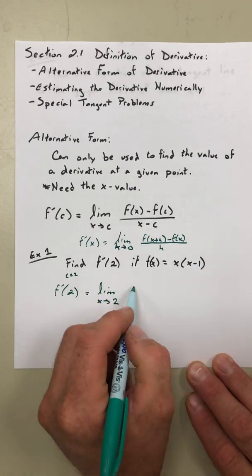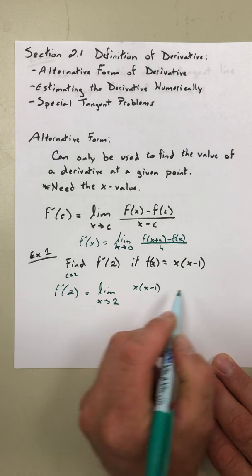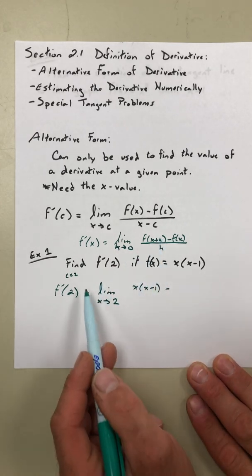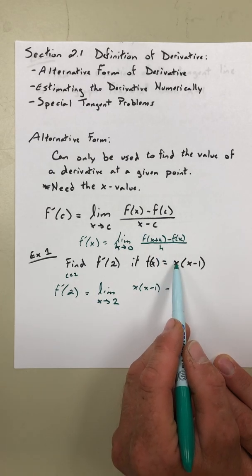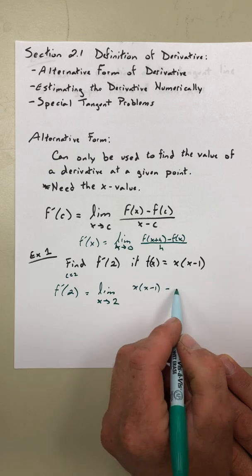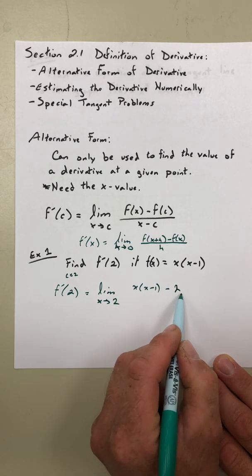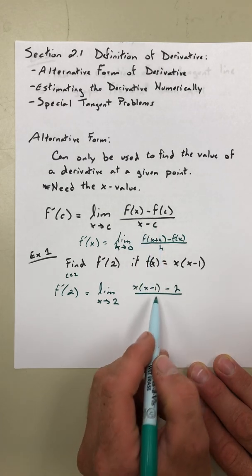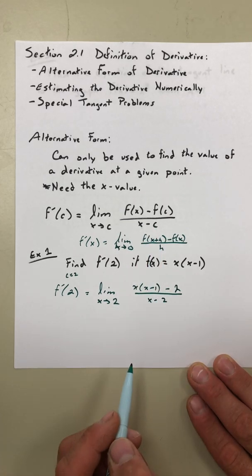Well, we know f of x is x times x minus 1. From that, we're going to subtract our f of c. Again, c was 2, so if I plug in 2, I get 2 times the quantity of 2 minus 1. 2 times 1 gives us 2. And from that, we're going to divide by x minus c, or x minus 2.